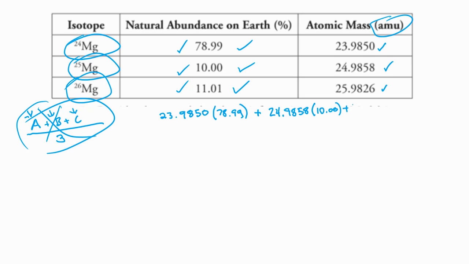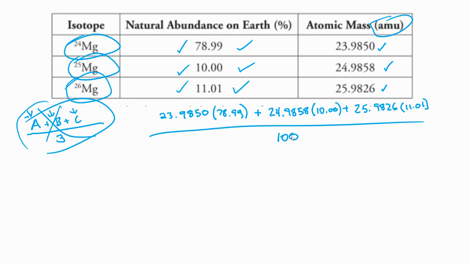And you add in the third isotope, 25.9826, multiplied by its percentage. And instead of dividing by 3, what we need to divide by is 100. That gets us away from those percentages.